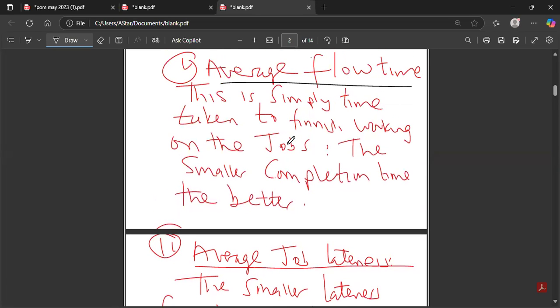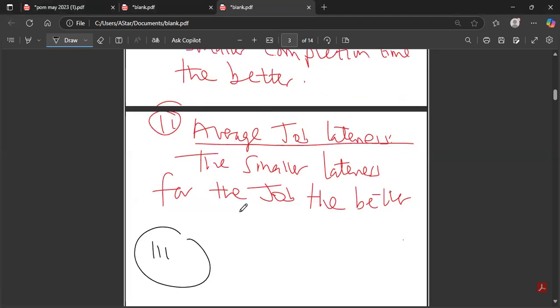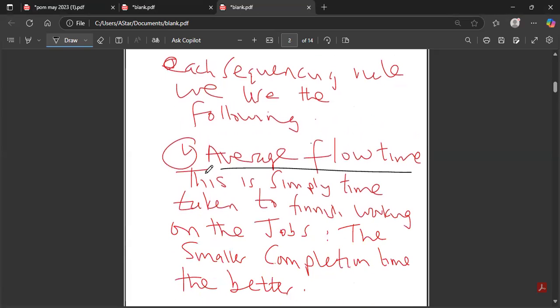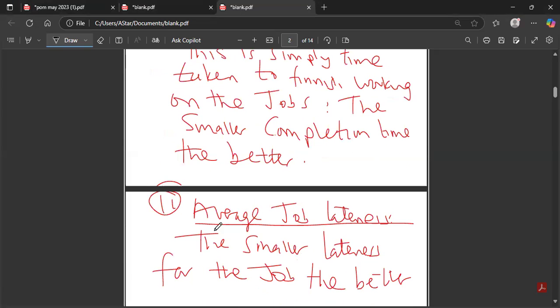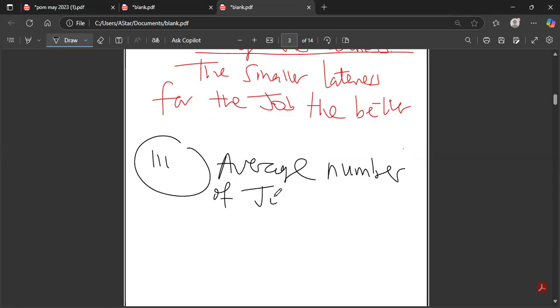Are you getting me? Yes, we are with you. So the smaller the lateness, the better. If I'm late by a small margin for work, you can pardon me. So these are three ways to evaluate each sequencing rule: number one, average flow time; number two, average job lateness; and then average number of jobs in the system.